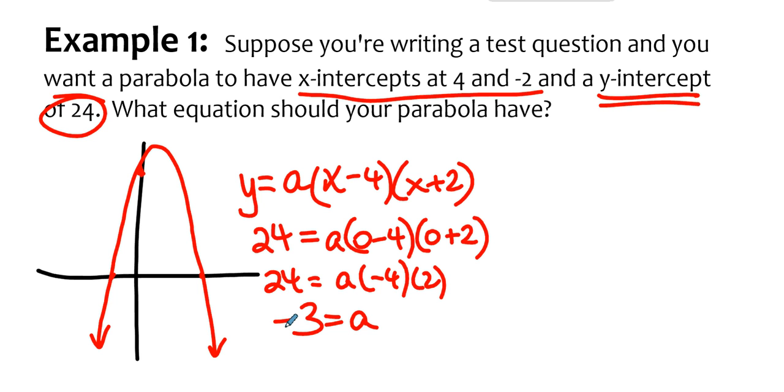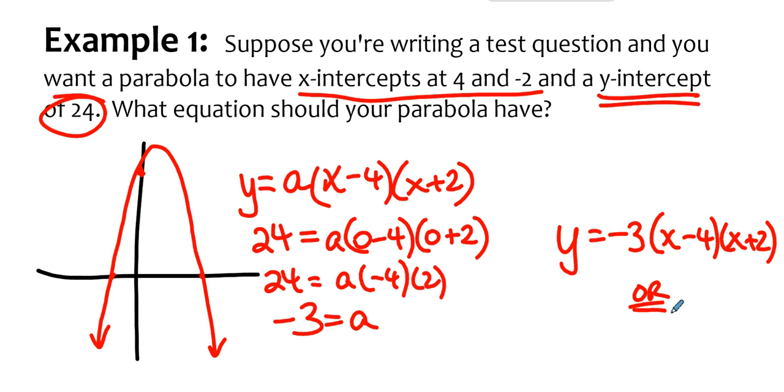And so the equation of the parabola should be y equals -3 times x minus 4 times x plus 2. Or, if you like, you can expand that out and get -3x squared plus 6x plus 24.